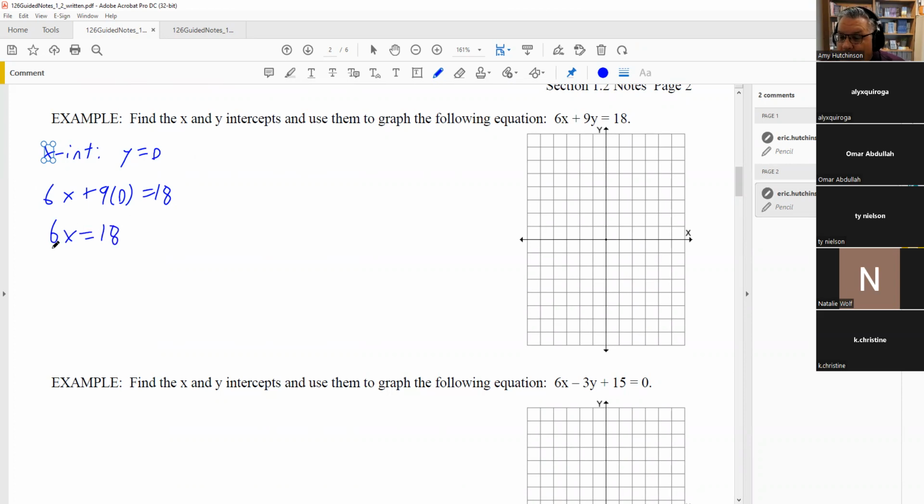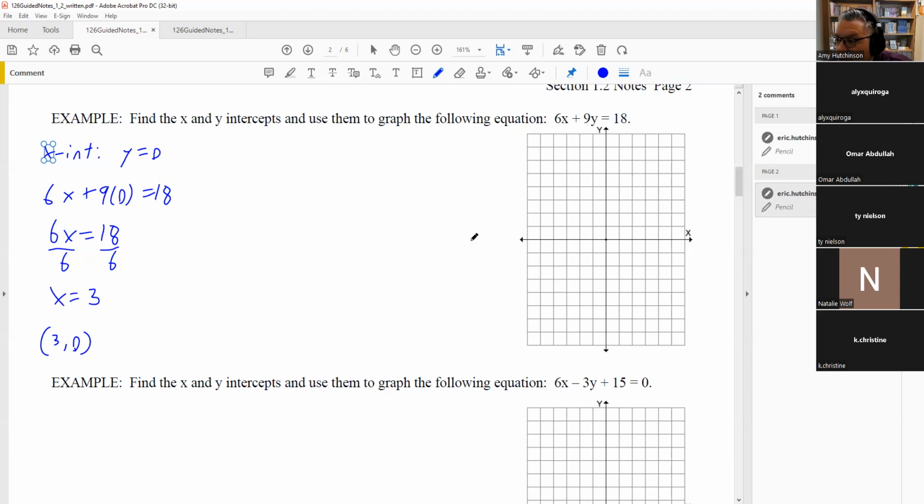There's only one variable here to solve for, and that's x. We can do that by dividing both sides by 6, and we get x is equal to 3. If you want to write that as a coordinate, since we put a 0 in for y, it's going to be (3, 0). And that would be the x-intercept.